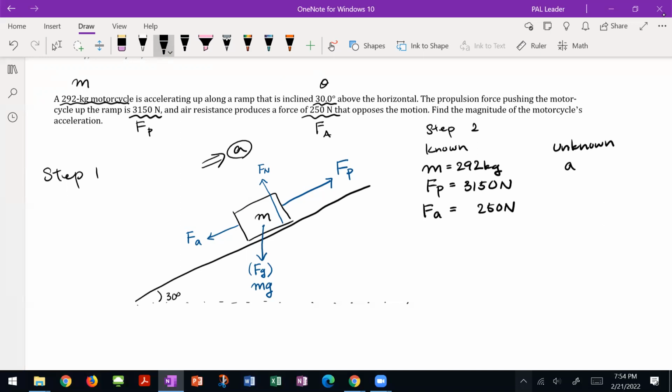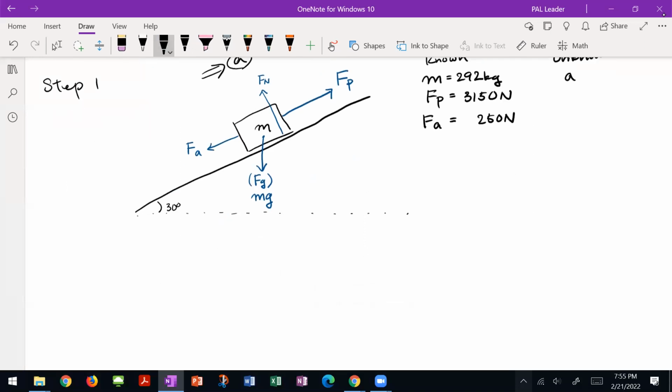Okay, this is the part that is new, I think. I haven't solved a problem like this before. Previously, all of our problems had coordinates, what we would set as positive, at 0 and 90 degrees. That's what we've always been working with because it made sense. We just want it to make sense.